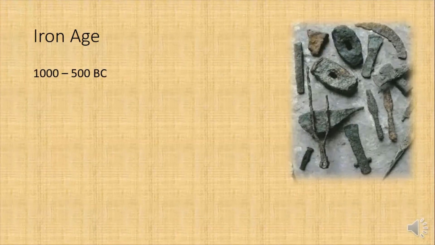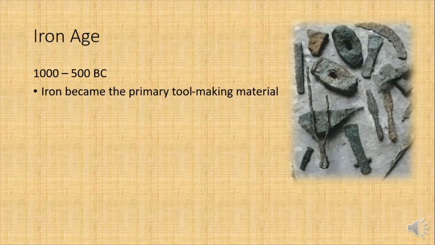But because iron was stronger, there were more things that we could do with it, but it also required more skilled labor. Okay, so in the Iron Age, iron became the primary tool making material, and a big reason for this, like we just said, is that iron was stronger than bronze.